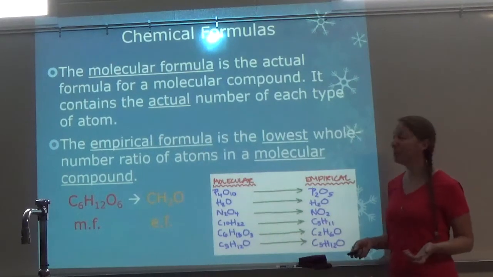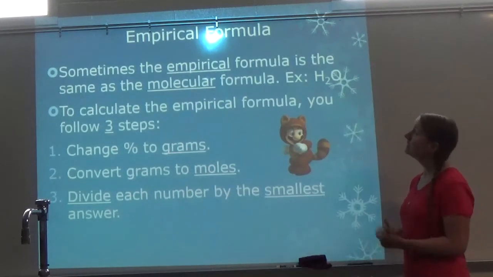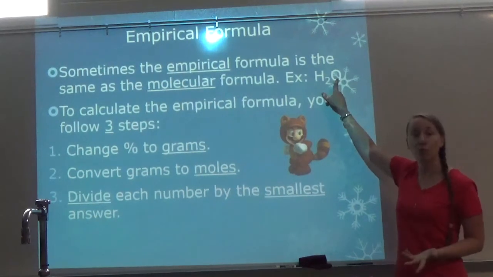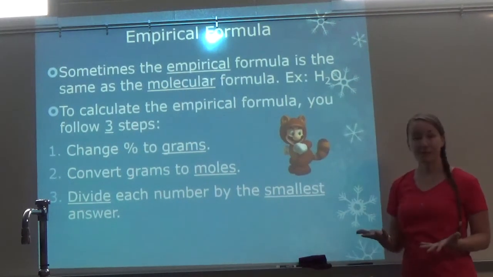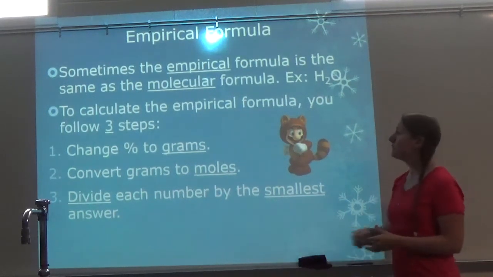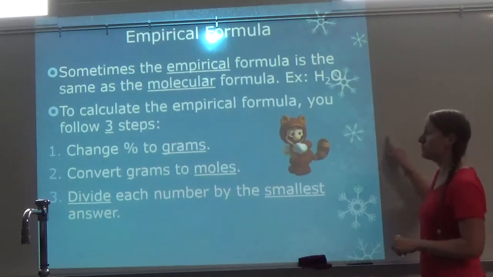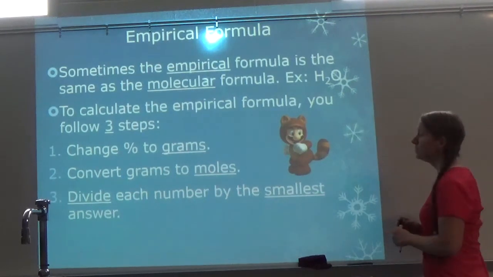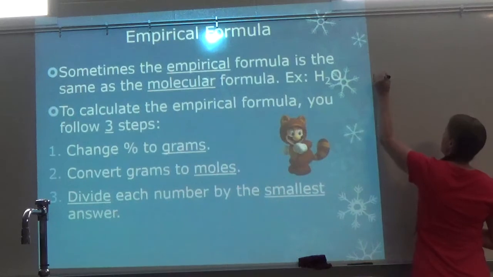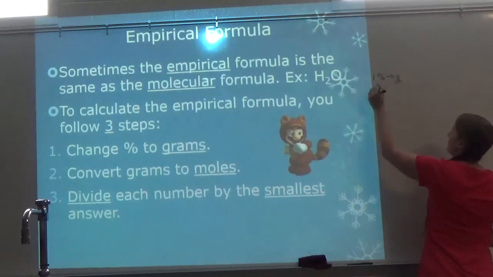So let's look at how to calculate it. Sometimes the empirical formula and molecular formula are the same, like water, H2O. But a lot of times they're not. So there are steps to calculate the empirical formula. I'm going to abbreviate our steps and put them over here so I don't have to keep coming back to this slide. Step 1 is change percent to grams.